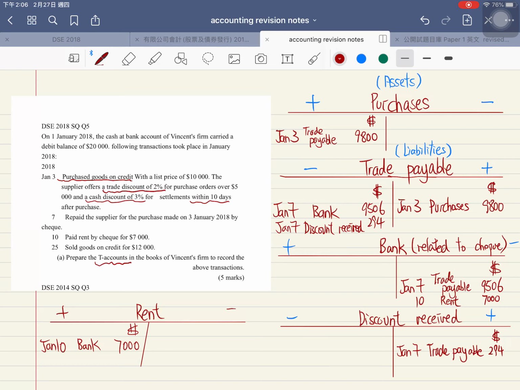Okay, on 25th of January, we sold goods on credit for 12,000. So here we use sales and trade receivable.